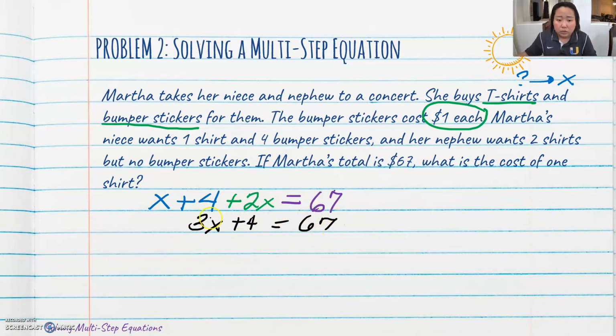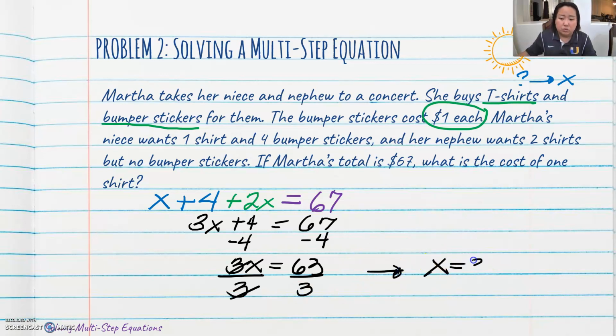How do we isolate our x? First thing to go would be our 4. So that's a minus 4 on both sides. We have now 3x is equal to 67 minus 4, that's going to be 63. To finally isolate our variable x, we divide by 3. Divide this also by 3, and you will see that our x value is equal to $21.